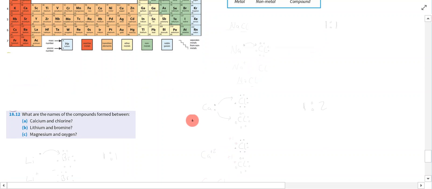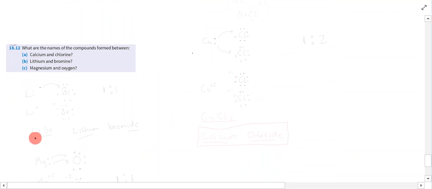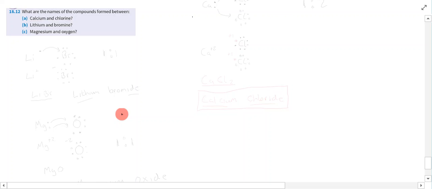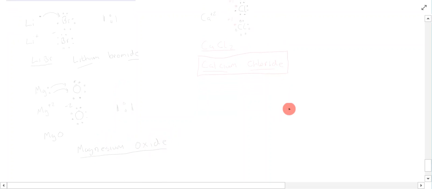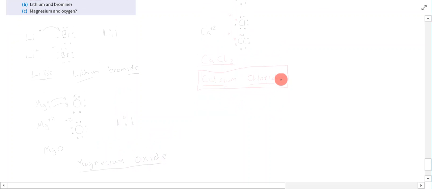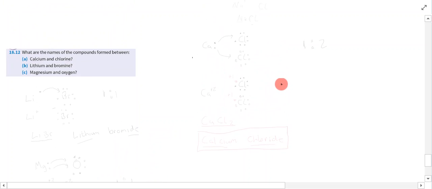The same as we've seen down here, when lithium combines with bromine, you get lithium bromide, where lithium is the metal part, bromine is the non-metal part, and ide indicates that it's a metal combined with a non-metal. And the same with magnesium oxide, they become ides. Calcium chloride, so again, that's just important as well.